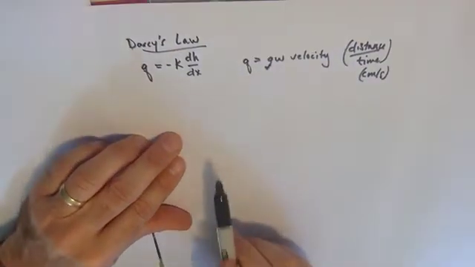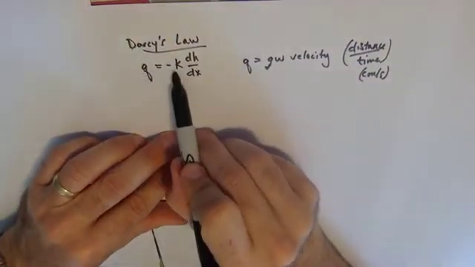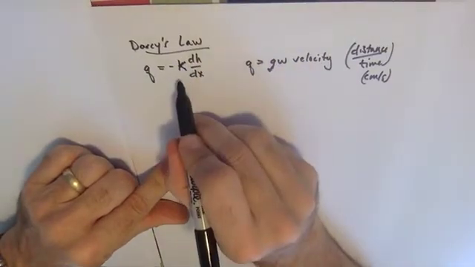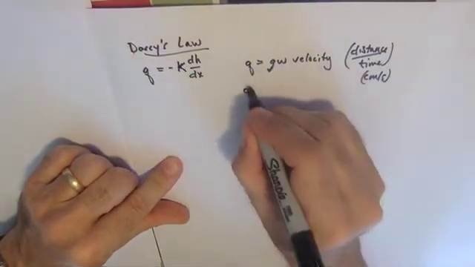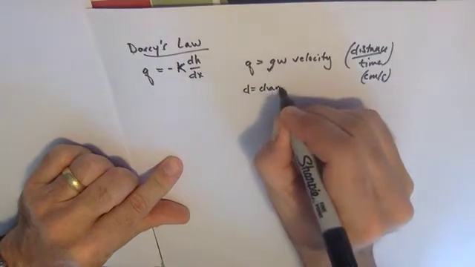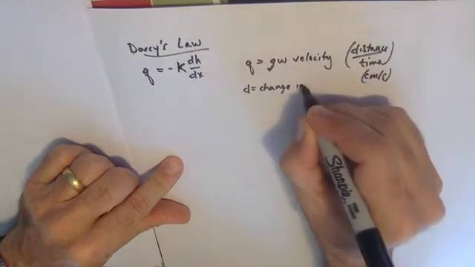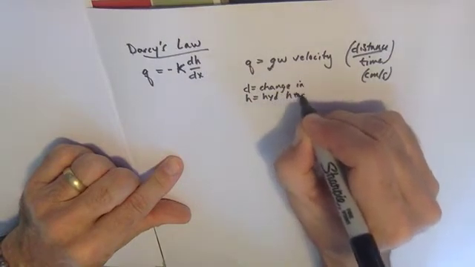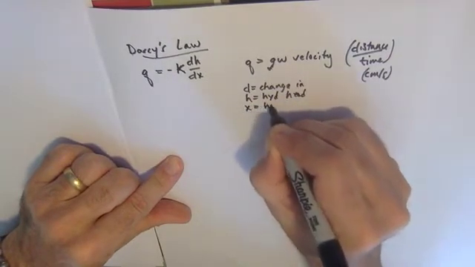So the velocity of groundwater is proportional to the hydraulic conductivity. That's a capital K for hydraulic conductivity. D stands for change in. H is hydraulic head. And X is horizontal distance.